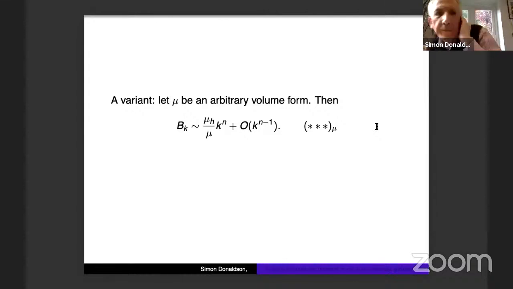A variant, which is, as we see, relevant to the Calabi-Yau problem, is to say, supposing we have some given volume form on X, mu, and then use that to define our Bergman kernel, and then we get a slightly different story, that the leading term of our Bergman function is not now 1, but involves the ratio of these two volume forms. And then there's some other slightly different set of coefficients that come in for the subsequent terms.